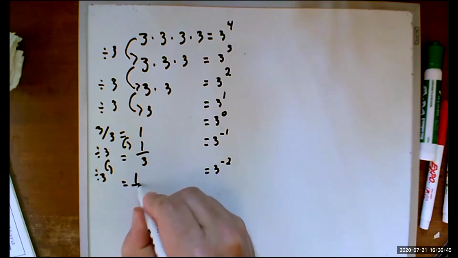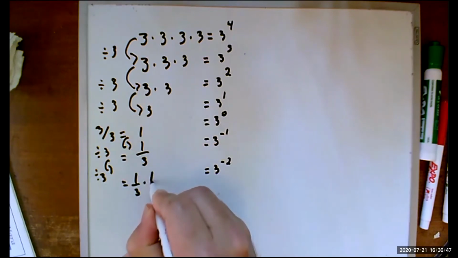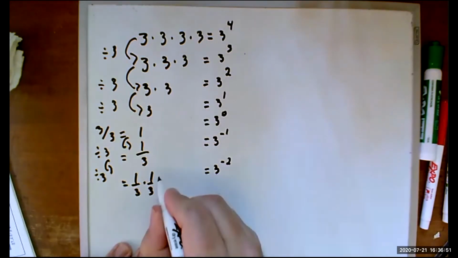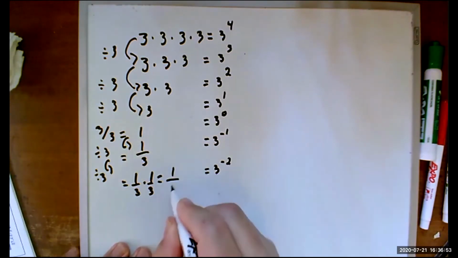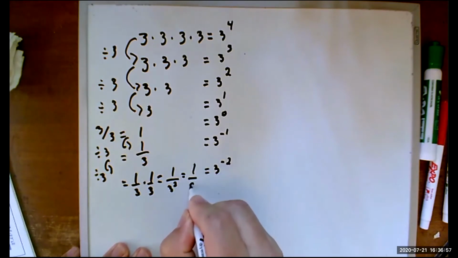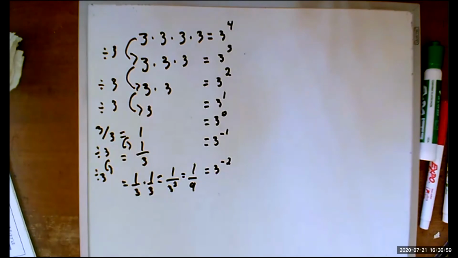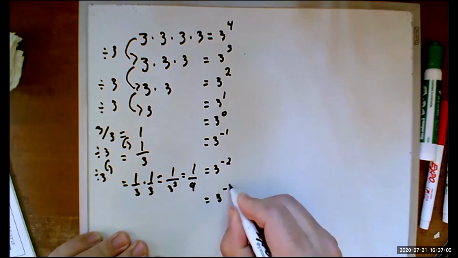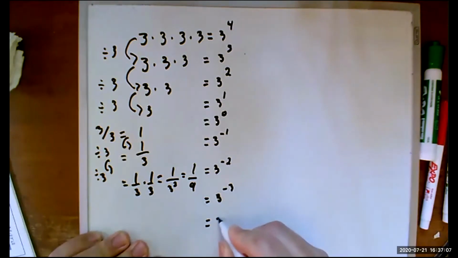If I wanted to find out what is 3 to the negative 2, well, again, we are dividing by 3. And our rules of fractions say when you divide by 3, you flip that second one and multiply. And so we end up with 1 over 3 squared, or 1 over 9.